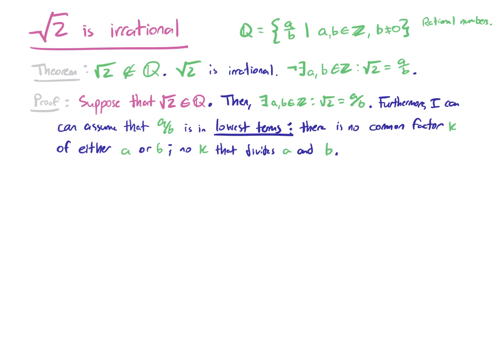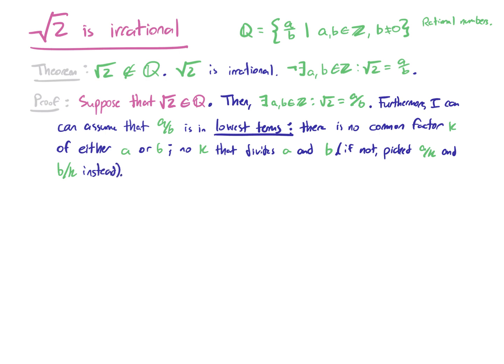Now, why am I allowed to assume this? This doesn't seem like something that was in the statement of my theorem. Why is this an okay assumption? The reason is that if I had such a common factor, I could have picked a over k and b over k instead.